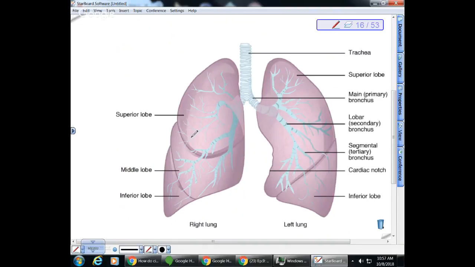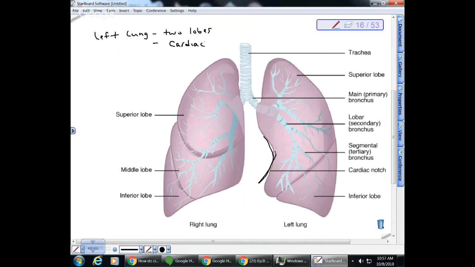So the left lung has 2 lobes, and the right lung has 3 lobes. And then this little indentation is referred to as the cardiac notch, right? So the left lung has 2 lobes, right, and the cardiac notch.